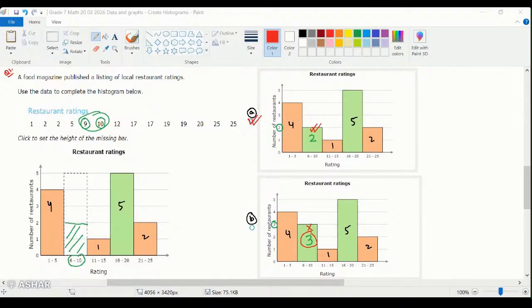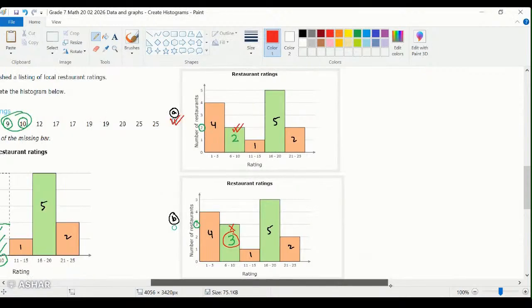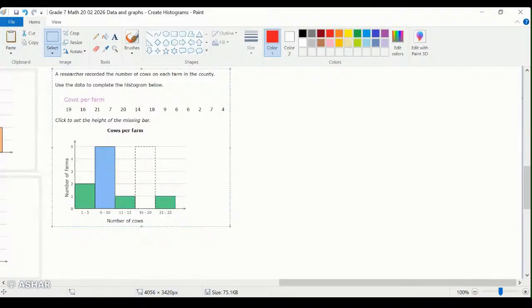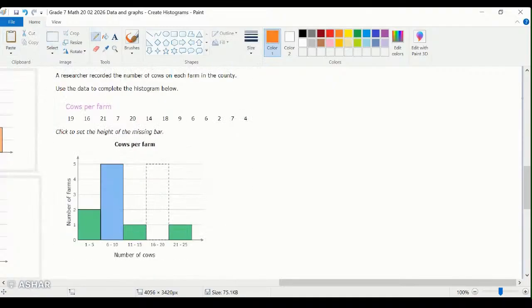The next question says they are doing research on the cows per farm. How many cows are there in each farm? This is question number 2 from the quiz.